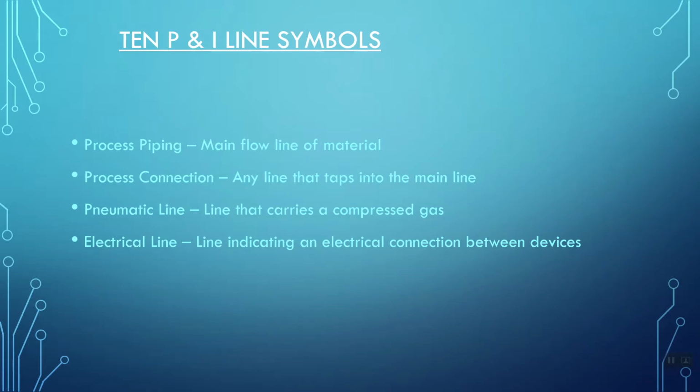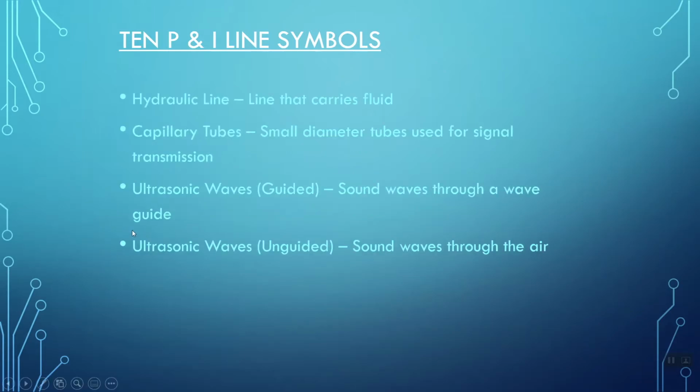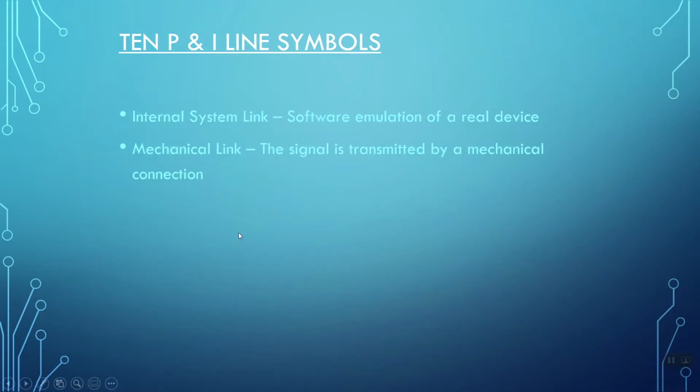Electrical line is self-explanatory. It's between electrical devices. And a hydraulic line carries hydraulic fluid. Capillaries, like I said, are small diameter tubes for signal transmissions, and we talked about the ultrasonics. Internal system link is software emulation, and the mechanical is a mechanical connection.